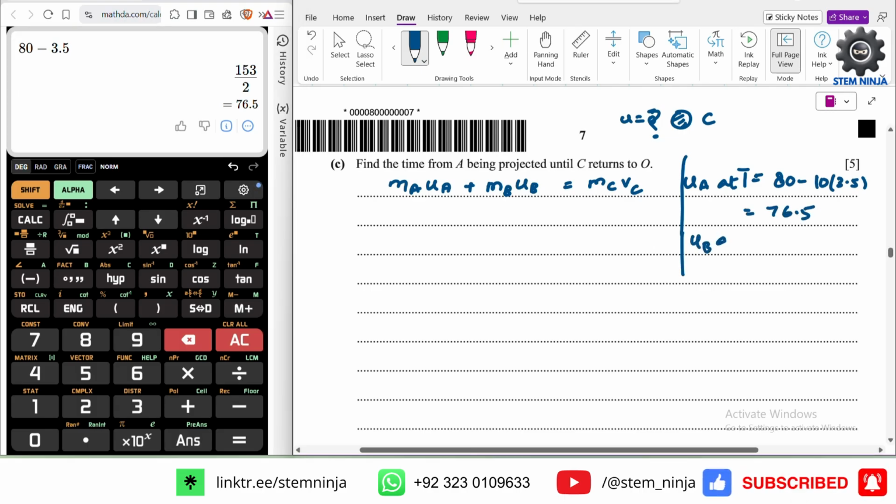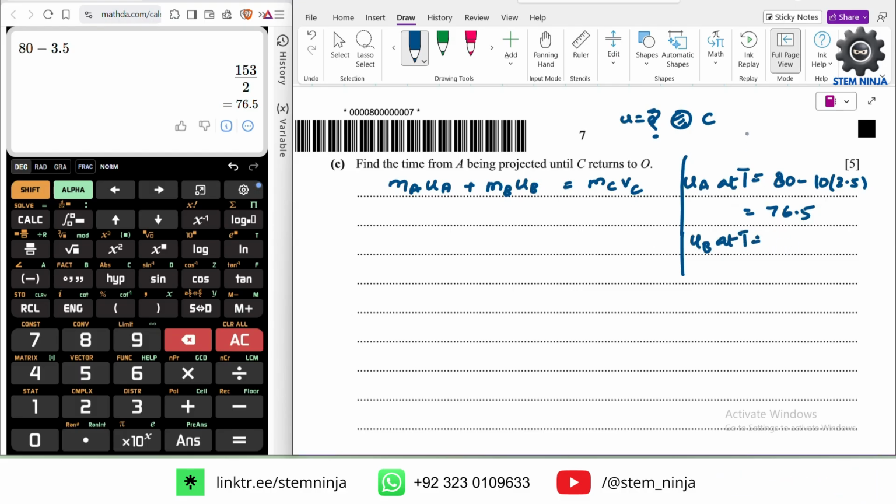And UB at t would be 100 minus 10 times, this is t minus 1, so 2.5, so 100 minus 25, 75.